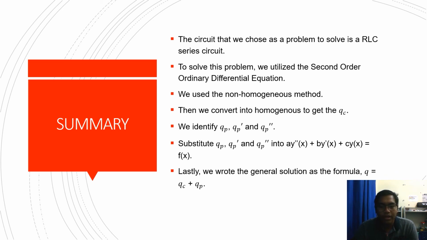After we get these, we substitute them into a y double prime x plus b y prime x plus c y x equal to f x. And lastly, we wrote the general solution as the formula Q equal to Qc plus Qp.